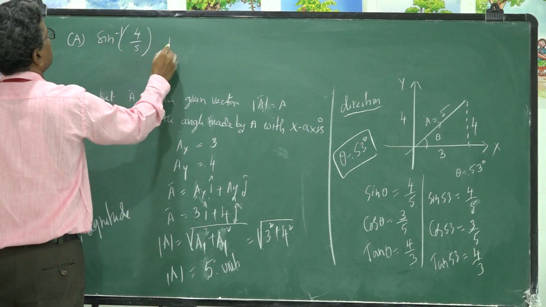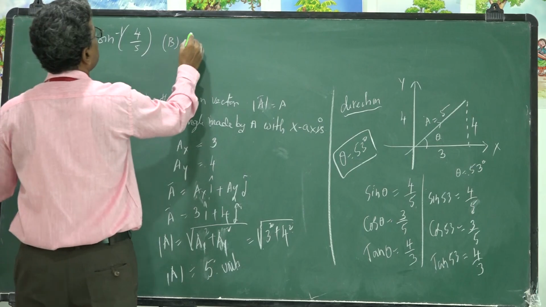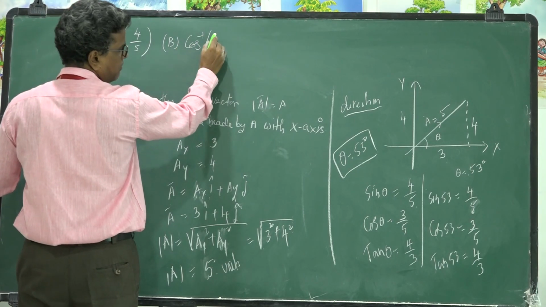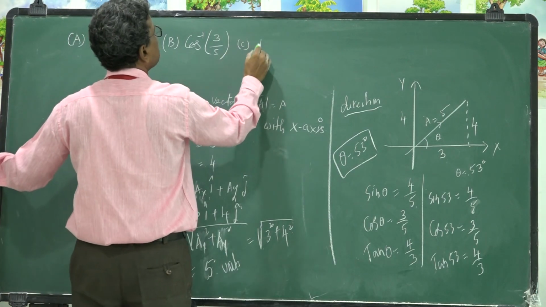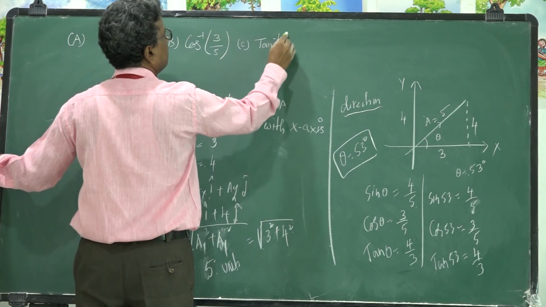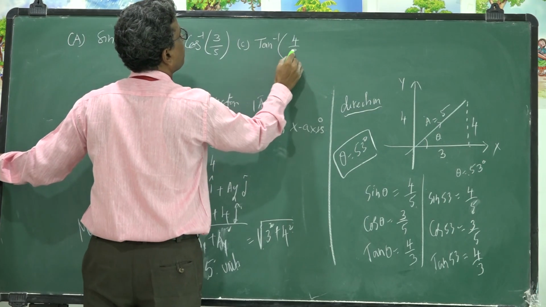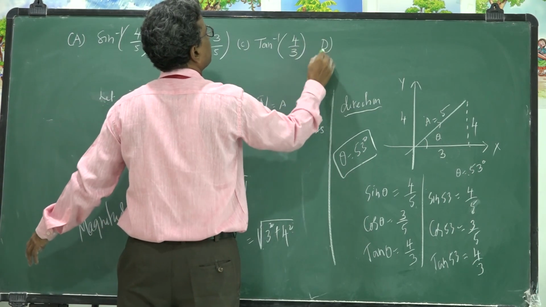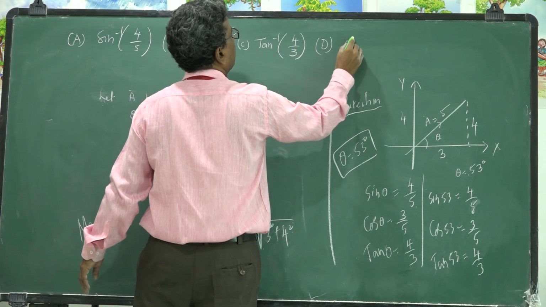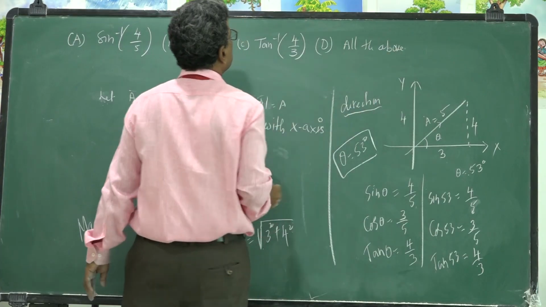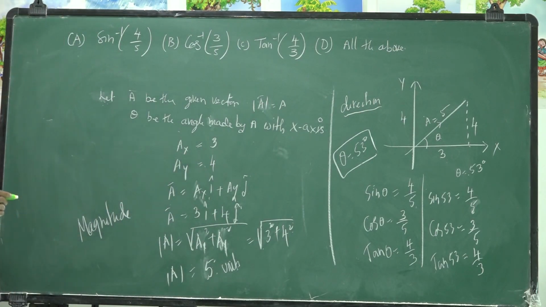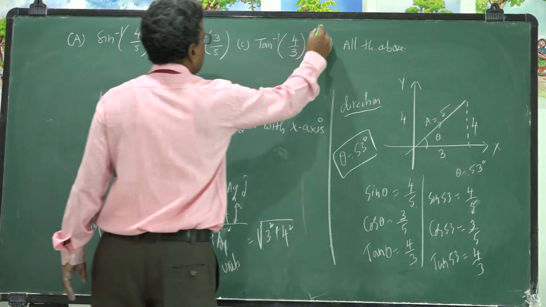Second option, cos inverse 3 by 5. Third option, tan inverse 4 by 3. Fourth option, all the above. So what is your answer? Direction of the vector: the answer is all the above.